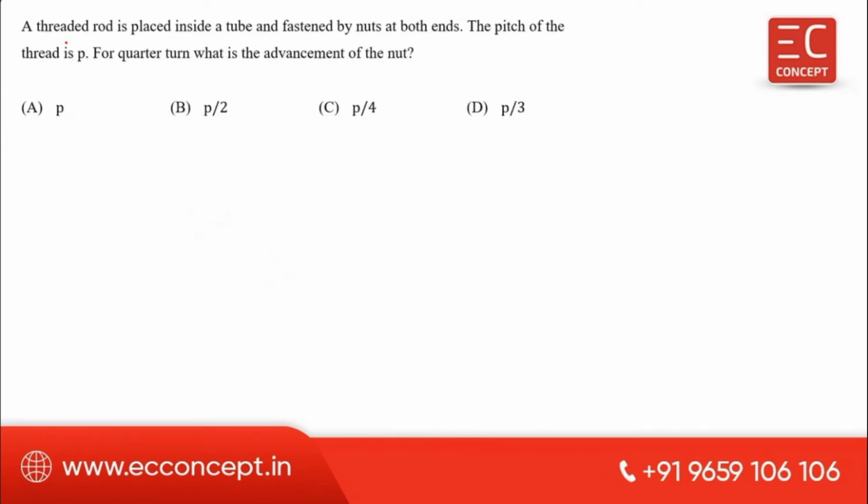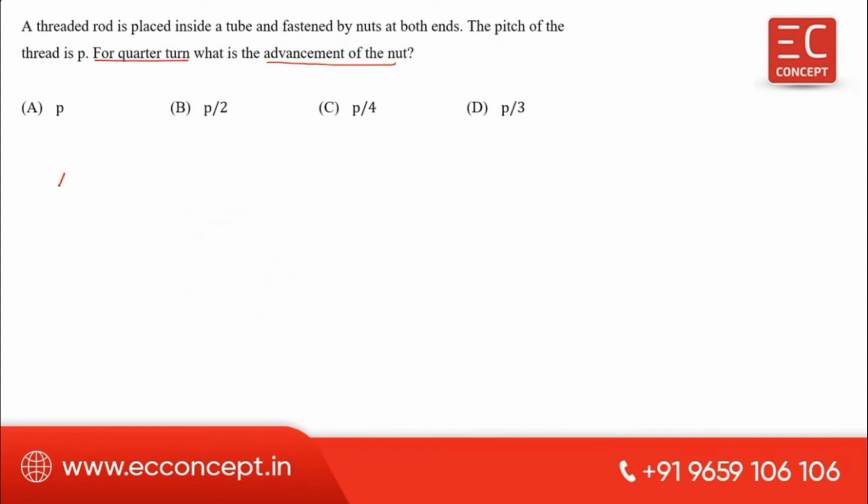Now, a threaded rod is placed inside a tube and fastened by nut at both ends. The pitch of the thread is P. For a quarter turn, what is the advancement of the nut? The advancement of the nut is directly proportional to the turn.